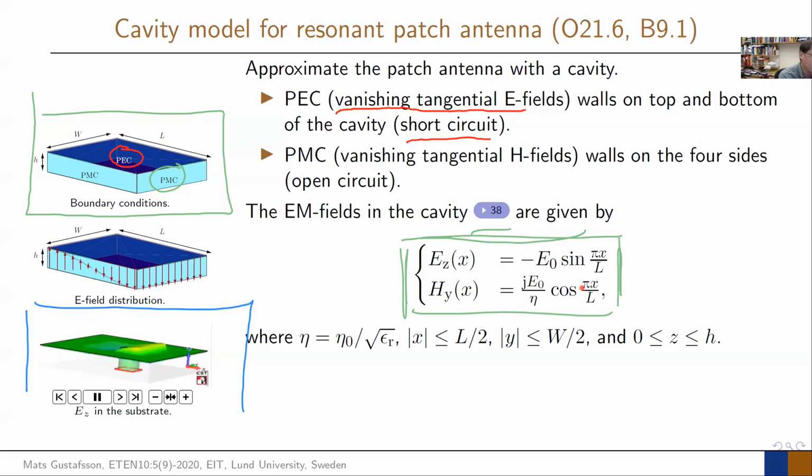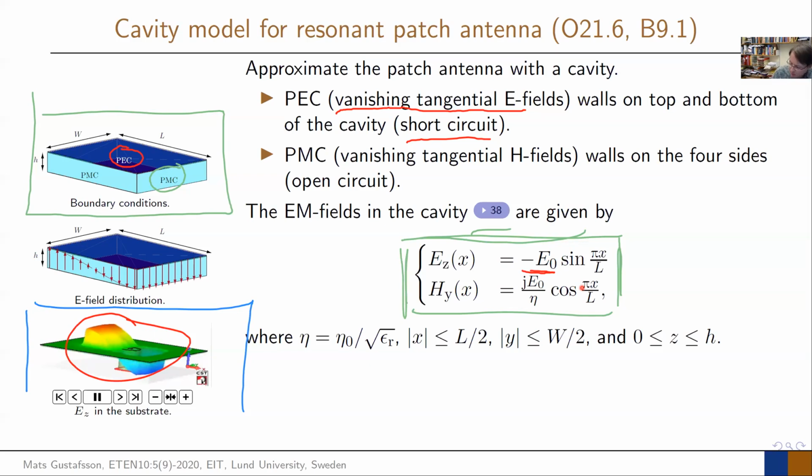This is the lowest order mode underneath this patch, which is used by the patch antenna. And what you can see here is that the electric field has an amplitude, plus or minus here doesn't matter. It's oscillating up and down anyway, as you see down here.